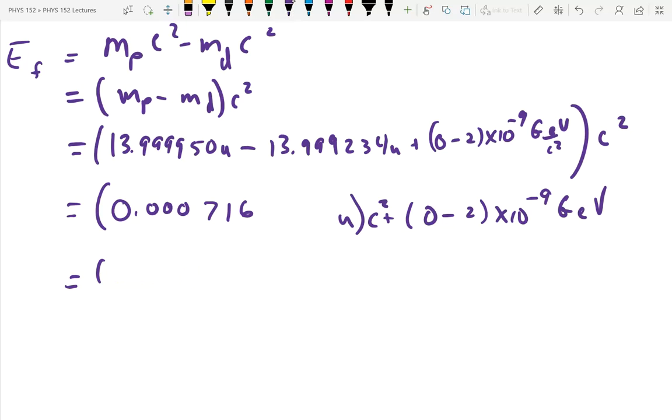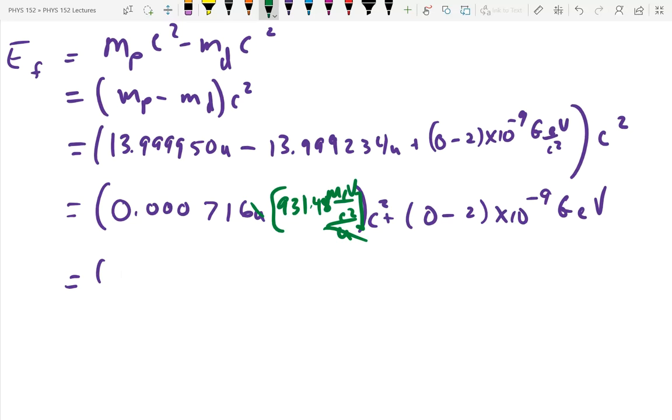Well, I gave myself enough space. I'll put my conversion factor right here: 931.48 MeV per c squared per U. Excuse me. So now my U's cancel, and I'll have it in units of electron volts.